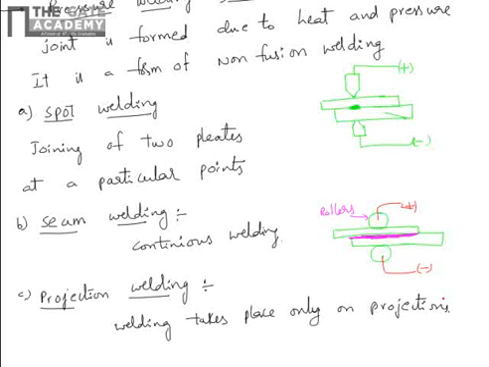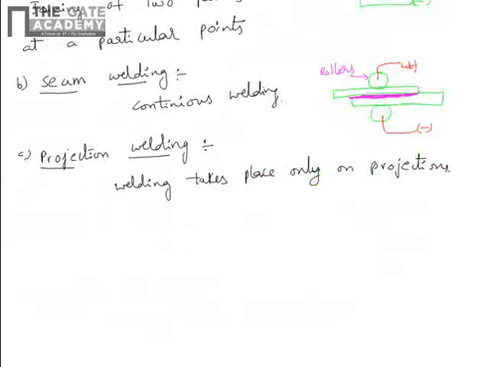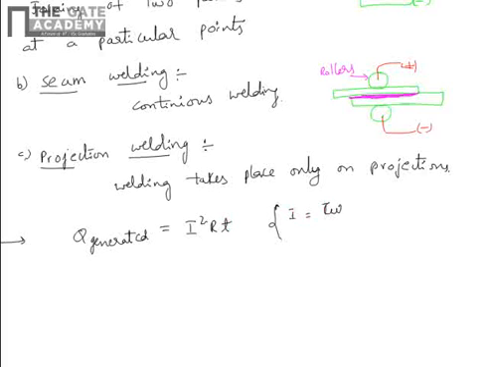In pressure welding, whatever problem comes, heat generated: we supply power, and heat generated equals I square RT, where I is current, R is resistance, and T is time of current flow.